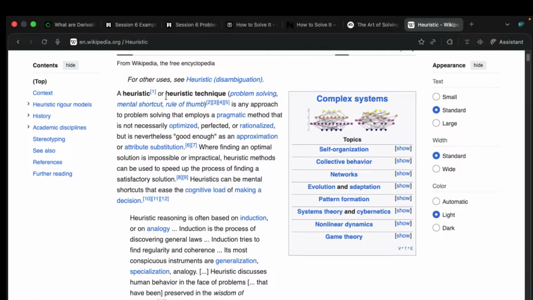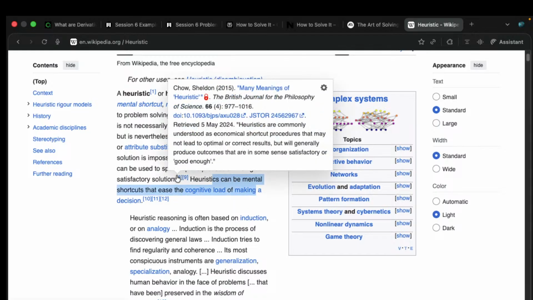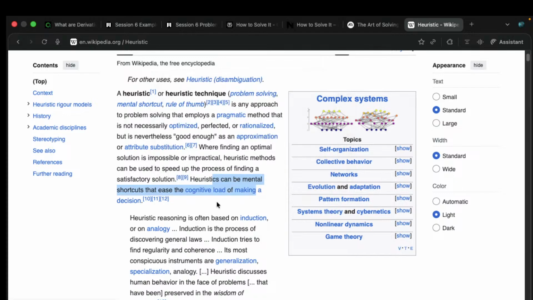So heuristic techniques aren't optimized or perfected, they are just good enough to move ahead. We can solve the problem and move to another thing. These are basically mental shortcuts so that our cognitive load is slightly less and we can make a decision quickly.